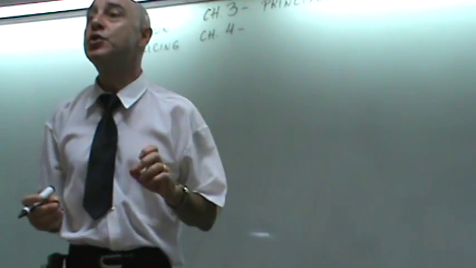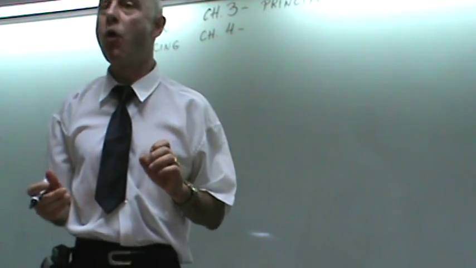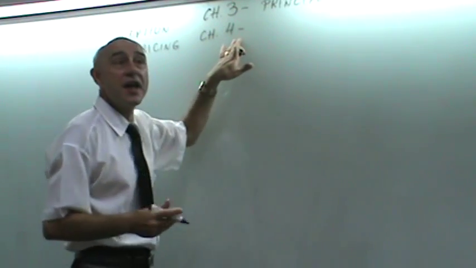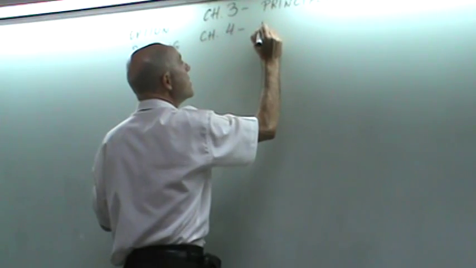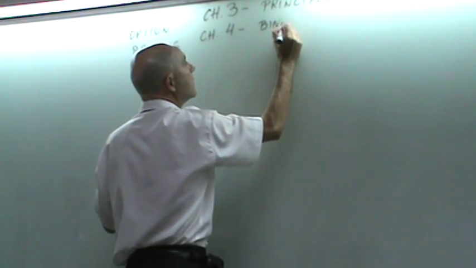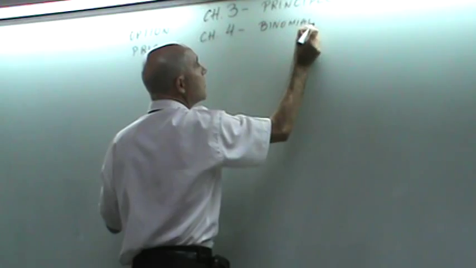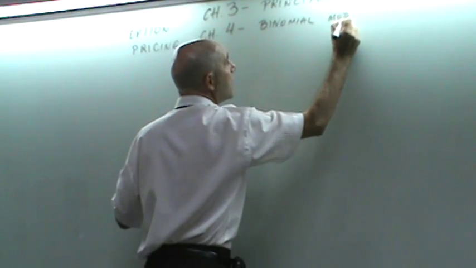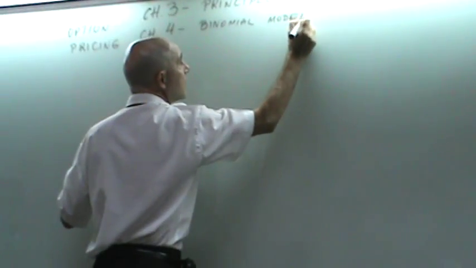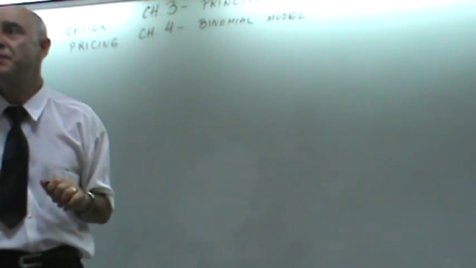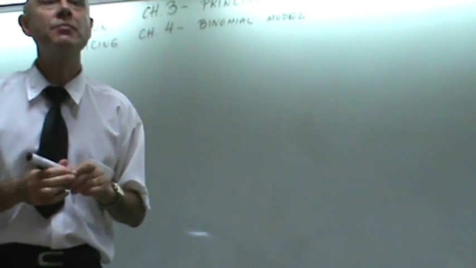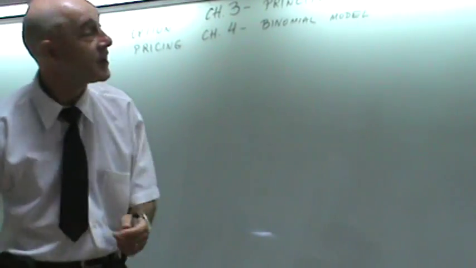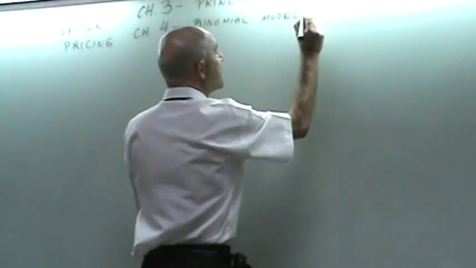Now we're moving to chapter 4, known as the binomial model. And the binomial model works in discrete time.